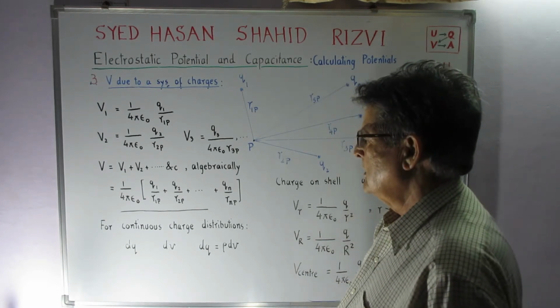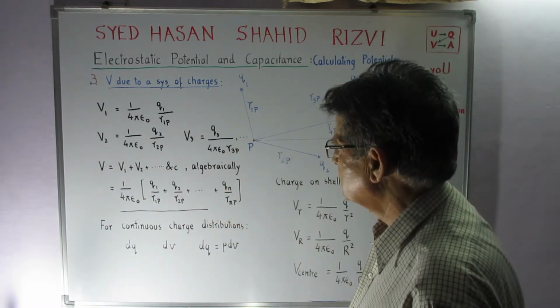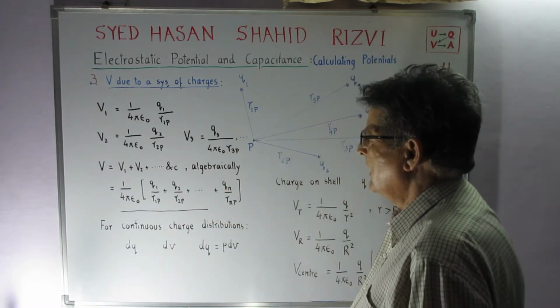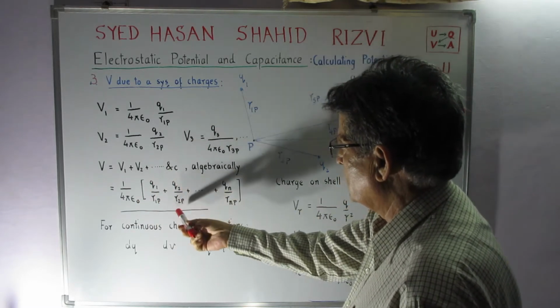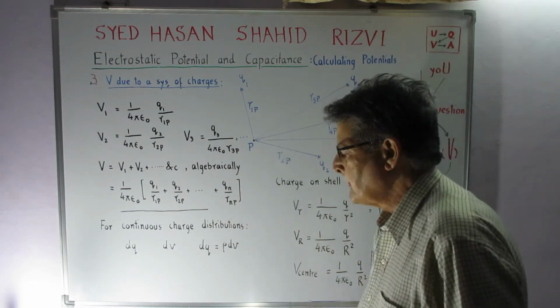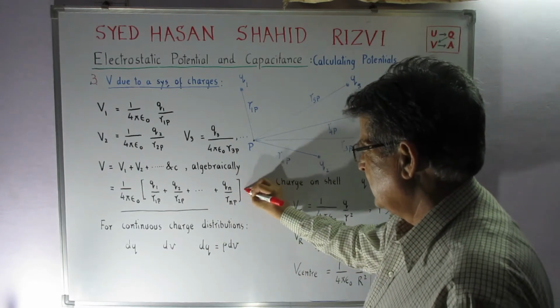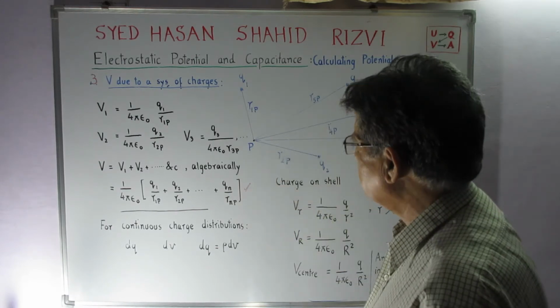I can write V equals 1 upon 4 pi epsilon naught, Q1 upon R1P, Q2 upon R2P, up to Qn upon RnP, etc. So this finishes. This is a very simple thing to do.